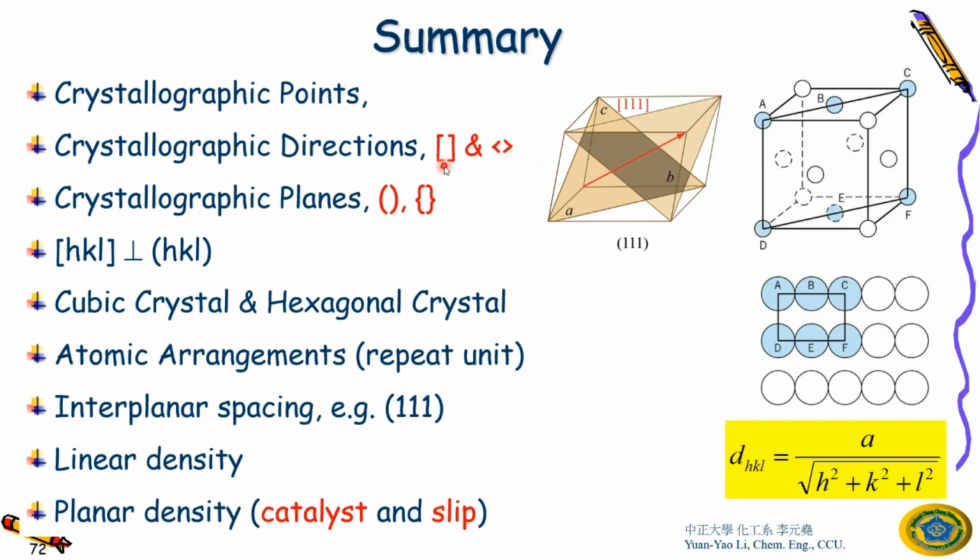The square bracket represents direction, and the angle bracket means what? It means the family, right? Family. I hope you remember the family of directions.